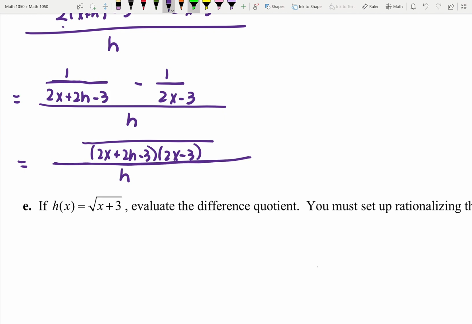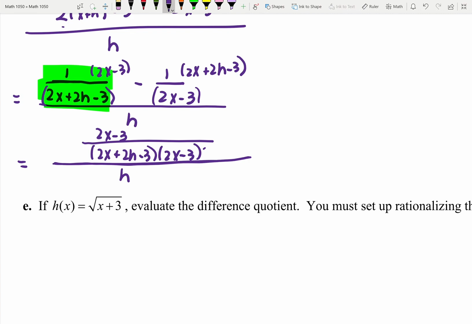Okay, now look at this fraction. You've got the 2x plus 2h minus 3. You're missing the 2x minus 3. So 1 times 2x minus 3 is 2x minus 3. This guy, you have the 2x minus 3. You've got that. You're missing the 2x plus 2h minus 3.